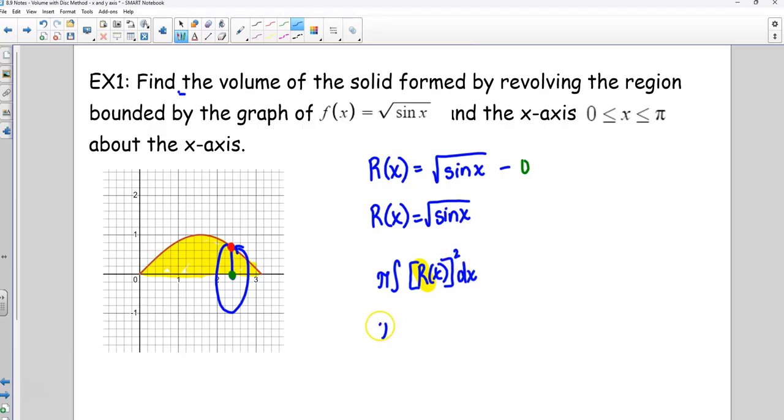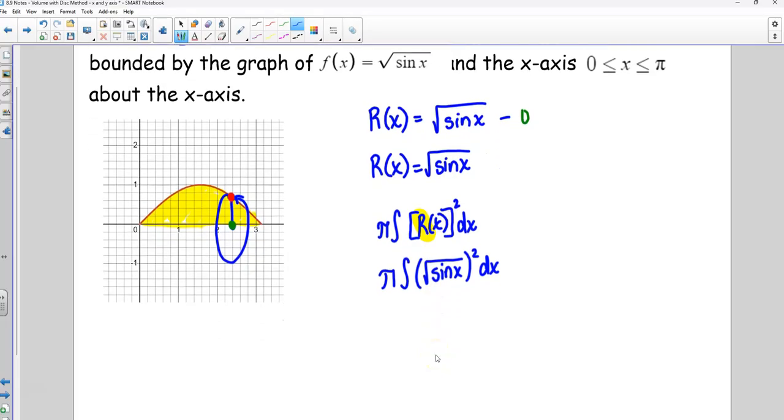So what I just wrote is just like the formula you use every time. I am going to plug in the square root of sine x squared right there, right? So we're just plugging in our capital R of x.